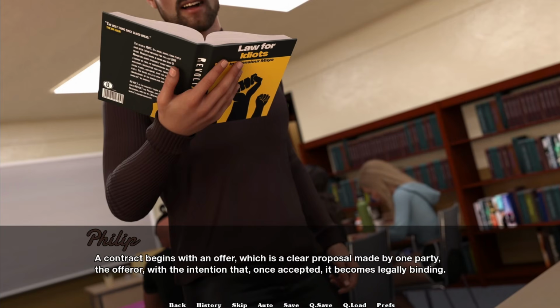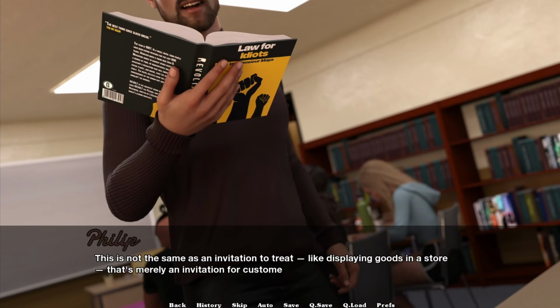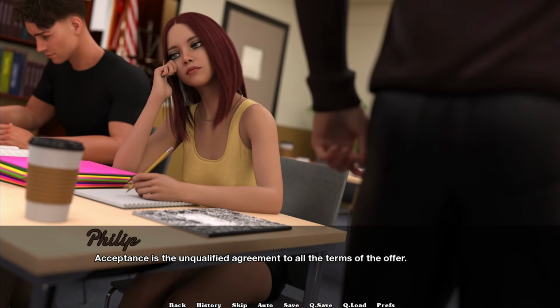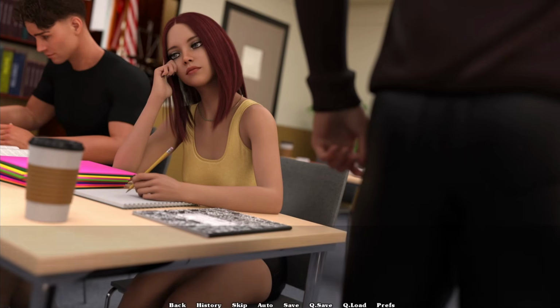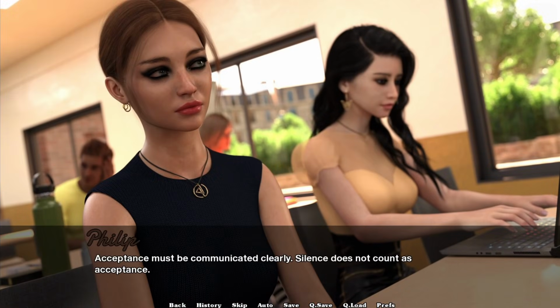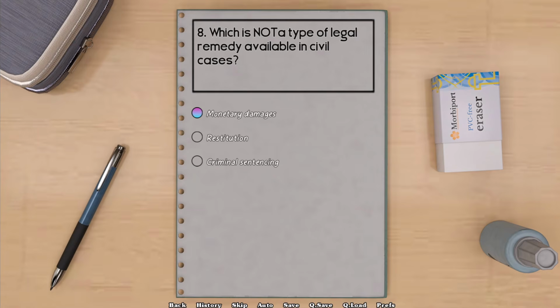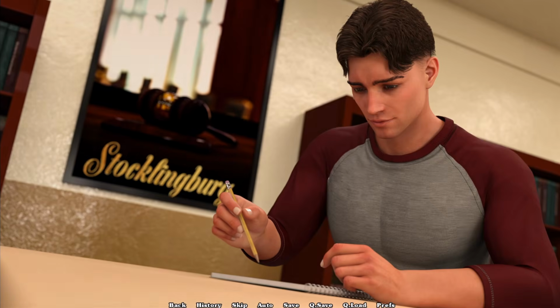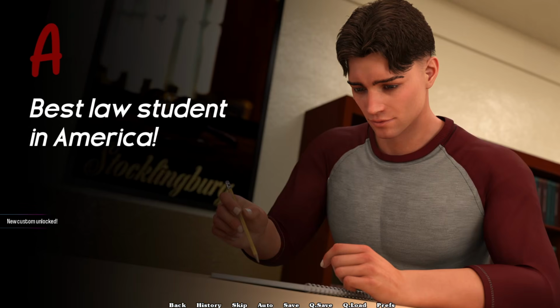And eventually by episodes 2 and 3, the whole law aspect that he tried to do in the first episode is kind of lost, where you could just skip entire classes and essays and exams about law and still be a great student. So I don't know if he tried to do too much and then had to rein it back to be like, oh, this is just a college harem game.